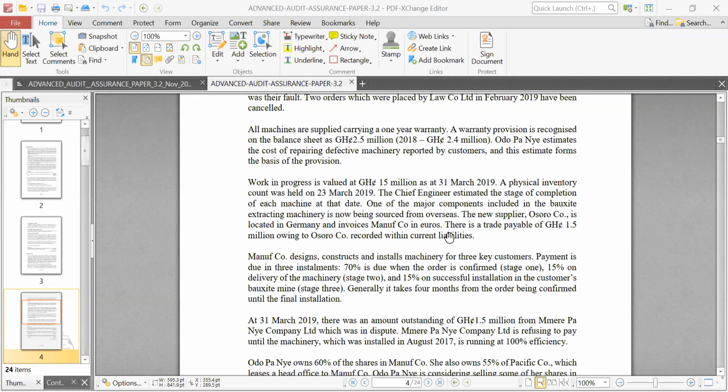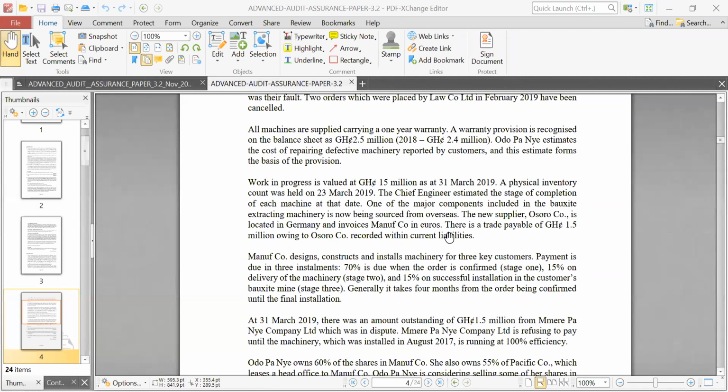So they just estimate the payables to be 1.5 million without looking at the possibility of exchange rate losses or gains, which is also an issue. Yeah, very good point.